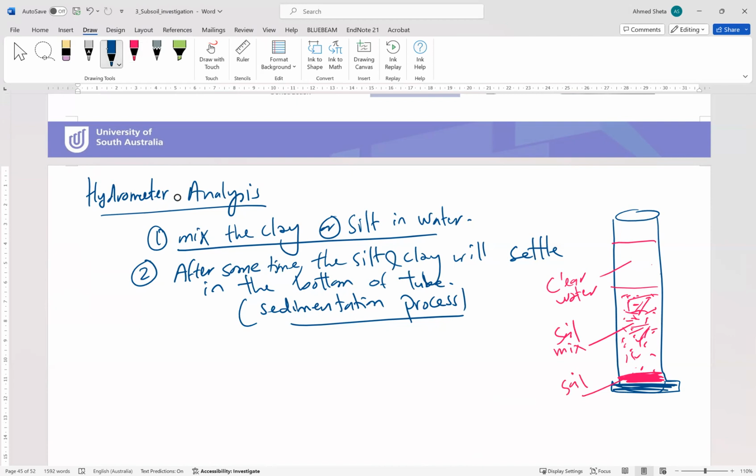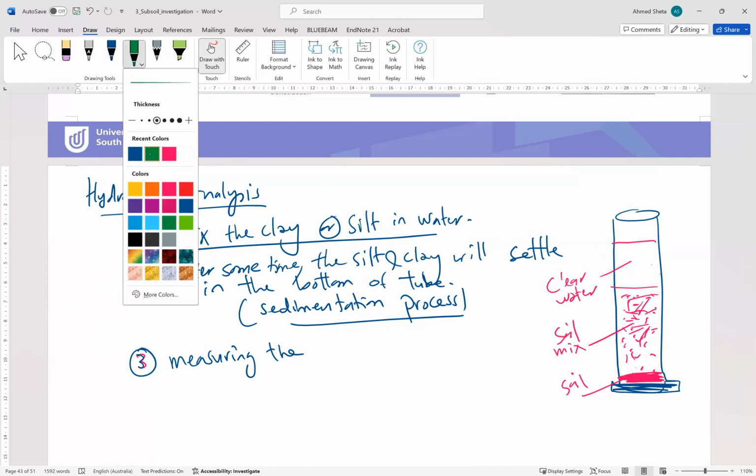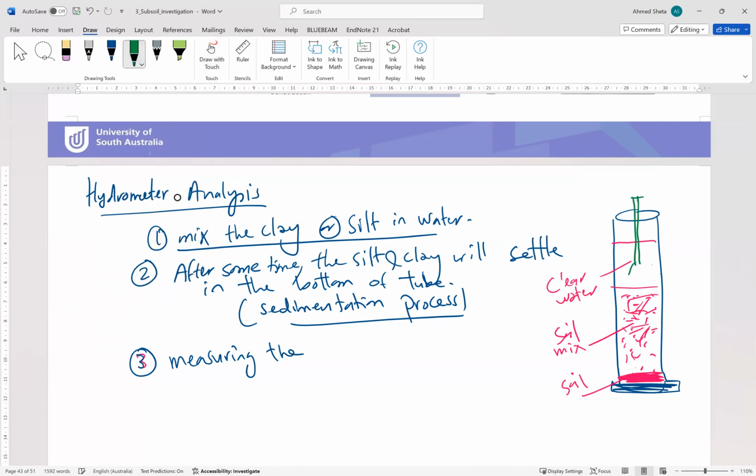The third step is measuring the soil or the mixture concentration. So this will be the use of the hydrometer. This hydrometer will be used to measure the concentration.